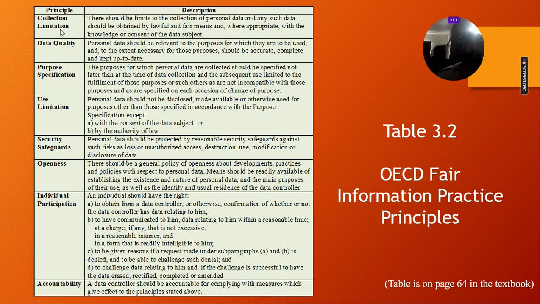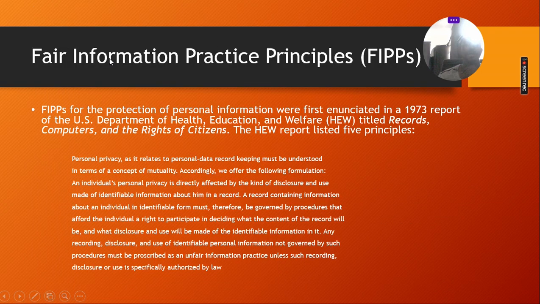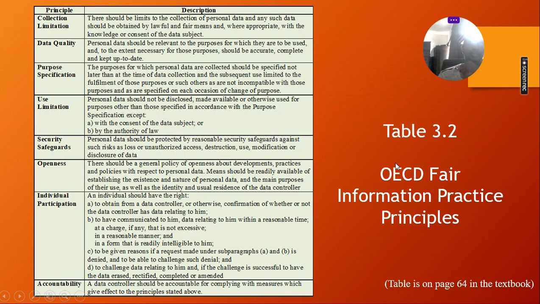We have the collection limitation, we have the data quality. These are the descriptions. These are the principles that the OECD, the FIPP, Fair Information Practice Principles, have come up with.